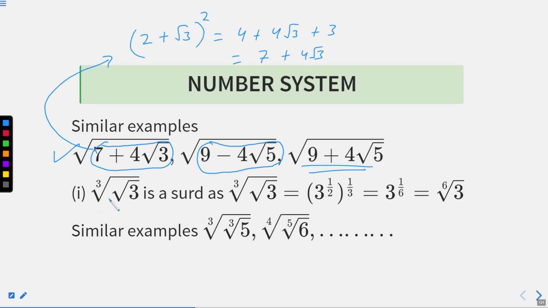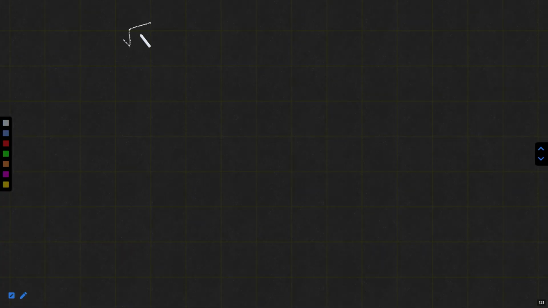Okay, and we know root 3 is a surd. If we apply another root, a cube root or fourth root, it will also be a surd. Let me tell you that square root of a means a raised to the power 1 by 2.